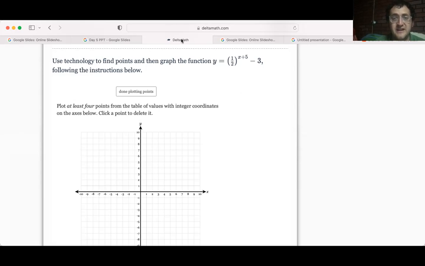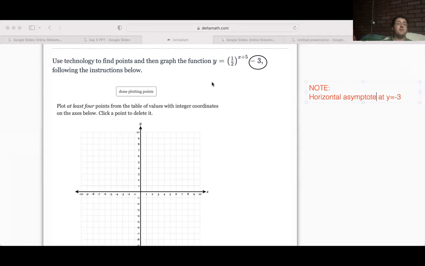So one thing that is very important here is that we have a horizontal asymptote at y equals -3. So when we graph them, it is going to be important that we do not go below -3.